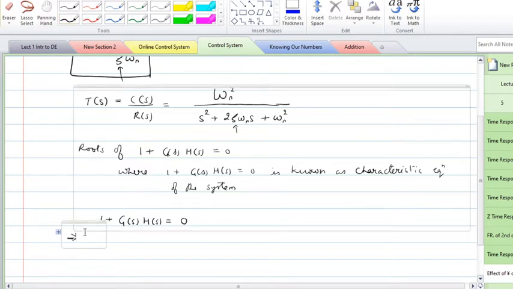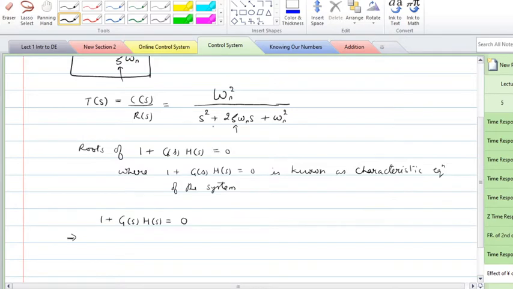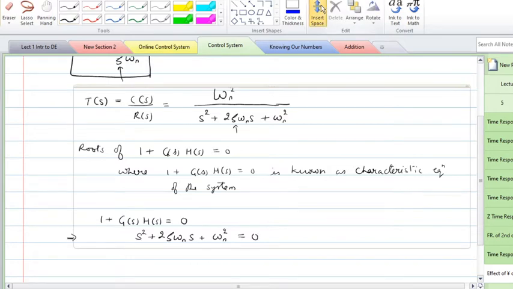In this way, 1 plus G(s) H(s) equals 0, and if we look at the term, it will be s square plus 2 zeta omega n s plus omega n square. Okay, this is a polynomial in s.